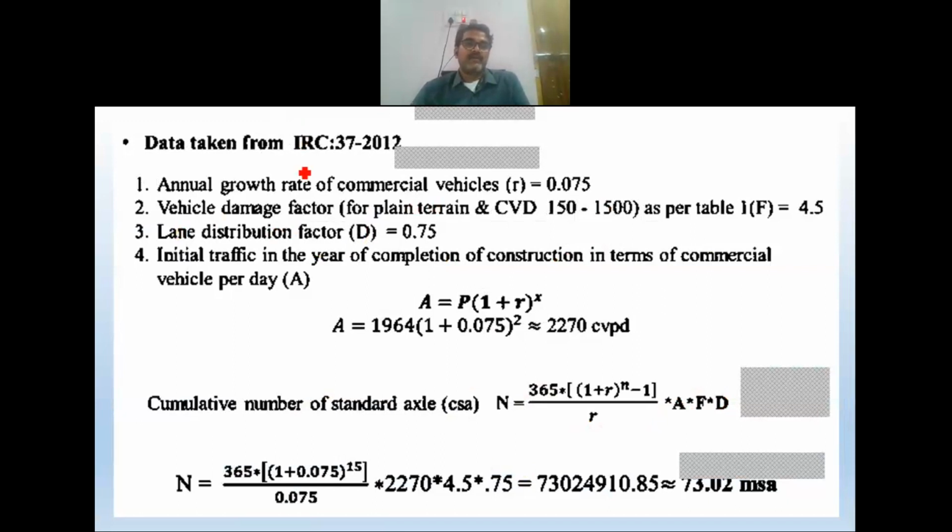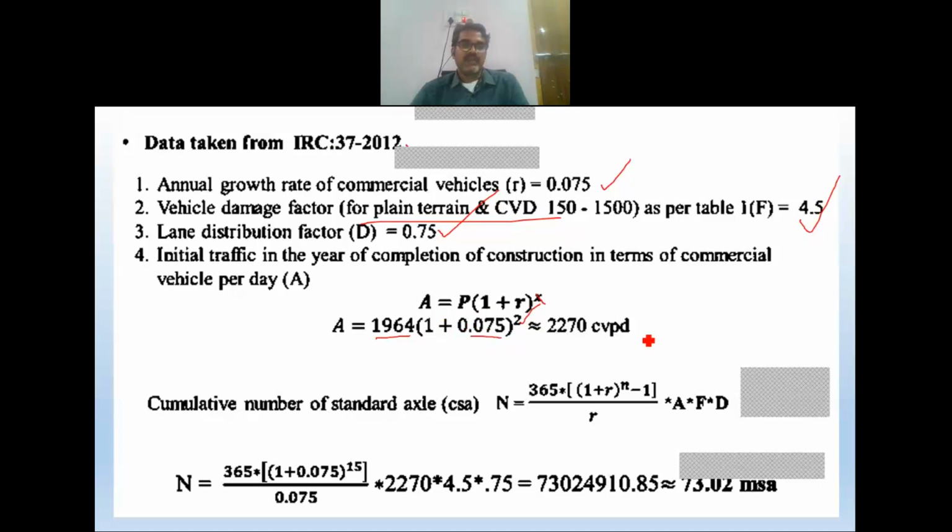Now from the IRC 37 2012 codebook, we assume a growth rate of 7.5%, a vehicle damage factor of 4.5, and a lane distribution factor of 0.75. Initial traffic intensity is equal to P into (1 plus r) power x, where x is the construction period of 2 years, present traffic intensity is 1964, and the traffic growth rate is 7.5%.